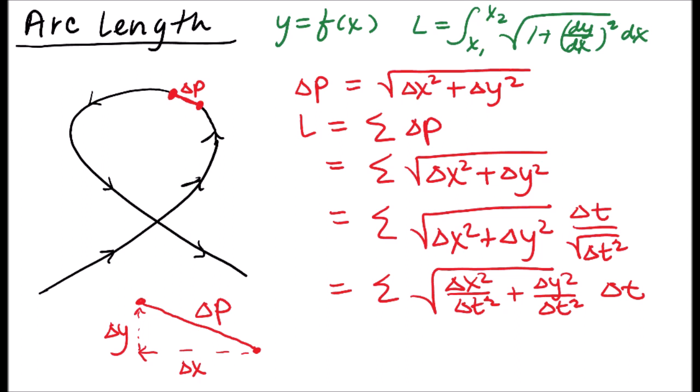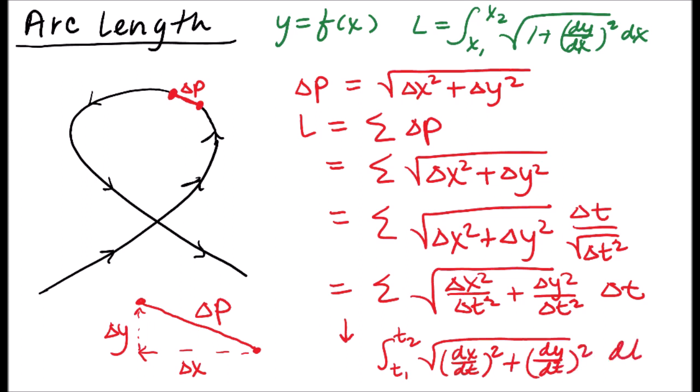And as the largest piece of arc length gets shorter and shorter, and the number of pieces goes towards infinity, this is going to turn into an integral between two t values of the square root of delta x squared over delta t squared. Well, that's going to become dx dt squared. And delta y squared over delta t squared, that's going to be dy dt squared. Okay, and so that's our formula for arc length of a parametrically defined curve.